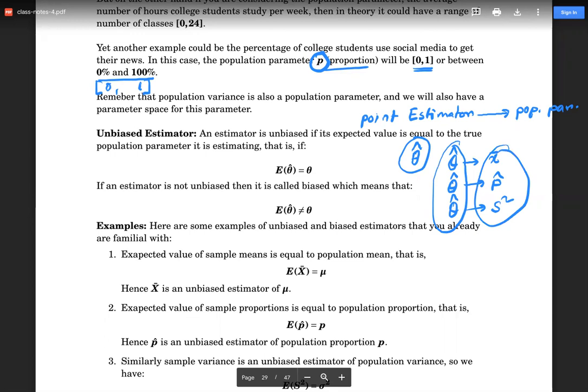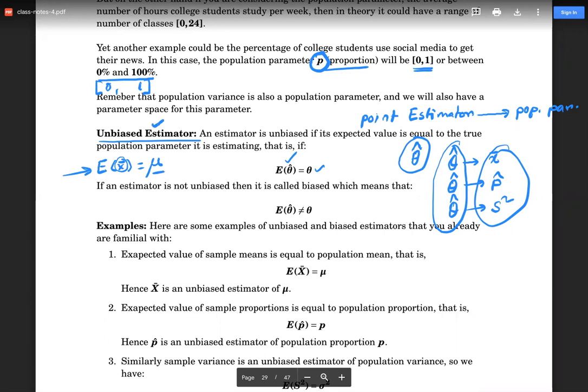So if the expected value of theta hat is theta, it is called an unbiased estimator. For example, the expected value of X bar is actually mu. That means if you take all the possible X bars that you can have with that sample size, and their average is mu, then we call it an unbiased estimator.